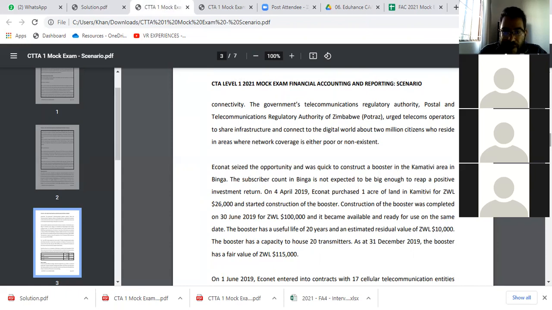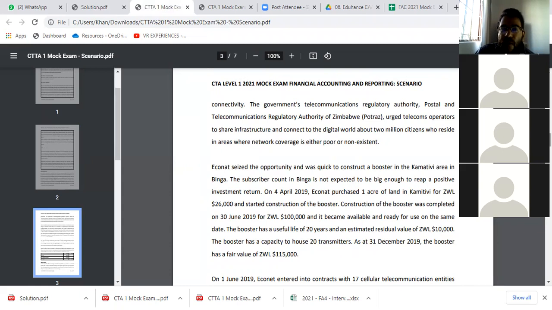On 4 April 2019, Econet purchased 1 acre of land in Kamativi for $26,000 and started construction of the booster. The construction of the booster was complete on 30th June 2019 for $100,000, and it became available and ready for use on the same date. So it became available for use on 30th June 2019.